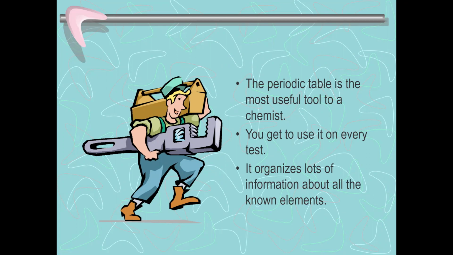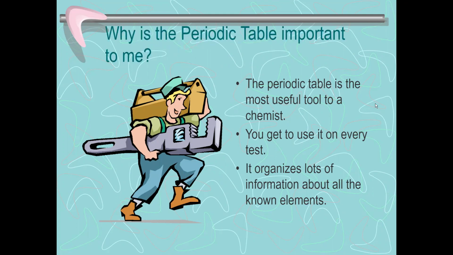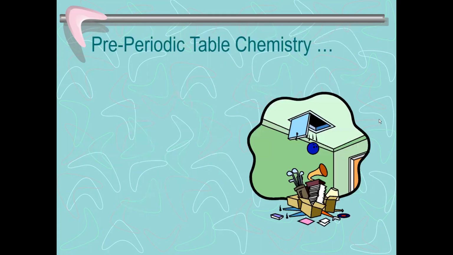So he arranged them into what was called the periodic table, which we know is now a very useful tool for all chemists. And y'all get to use it on every one of your tests. It takes that information that he had and other elements as they came along and puts them in a way that makes them predictable as far as their behavior.